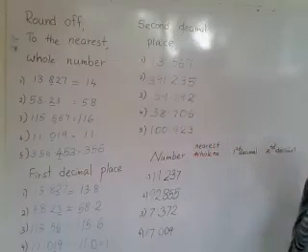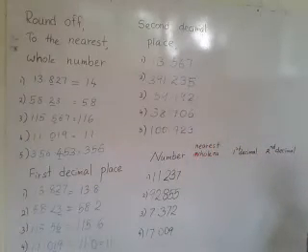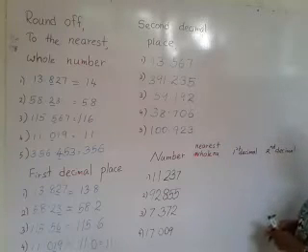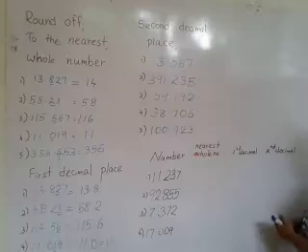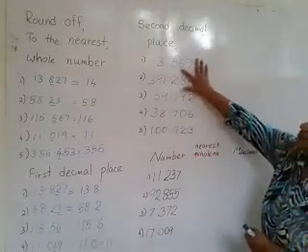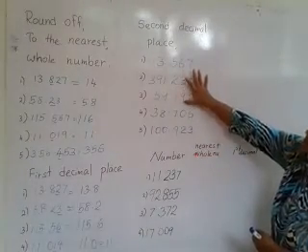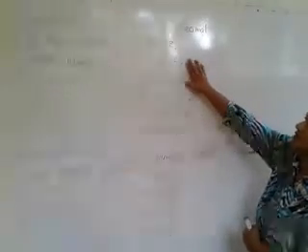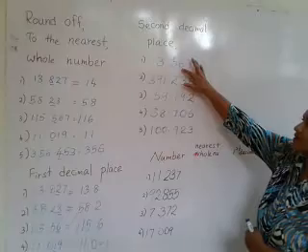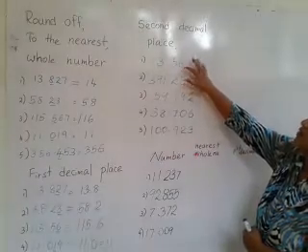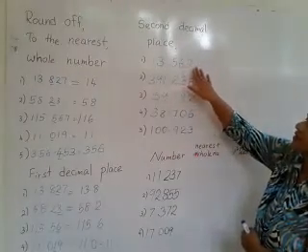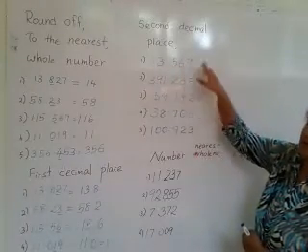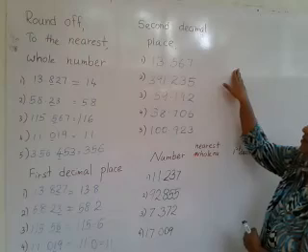And now for the second decimal place, shall we take the answer by guessing? Second decimal means this second value. So 13.567 is between 13.56 and 13.57.